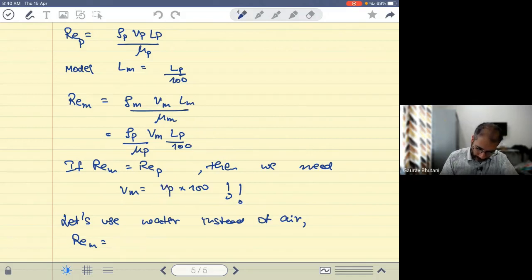So I'll write rho m as 1000 times rho prototype. Then V model has to be found out, and L model is L prototype upon 100. That is something we chose. And the viscosity of water is 100 times the viscosity of air. So this becomes 100 times mu prototype.